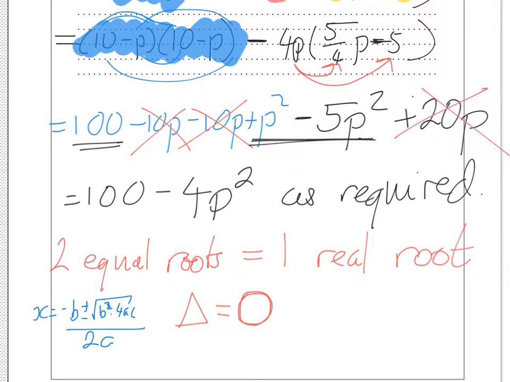So that gives you two answers. It gives you two answers because of the plus or the minus here. Usually those two answers are different, but if the square root is equal to 0, then they will be the same. So if the discriminant is equal to 0, then we get one real root, two equal roots.